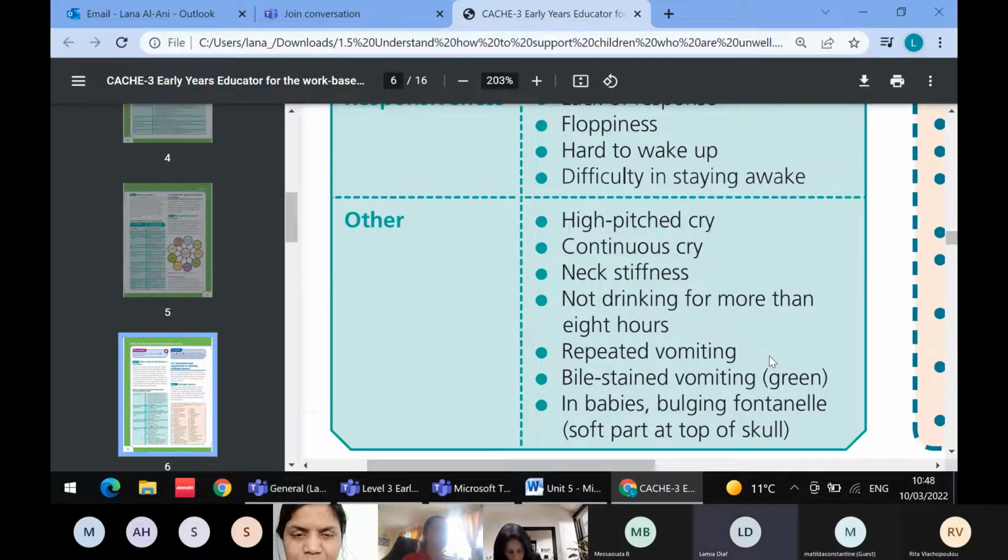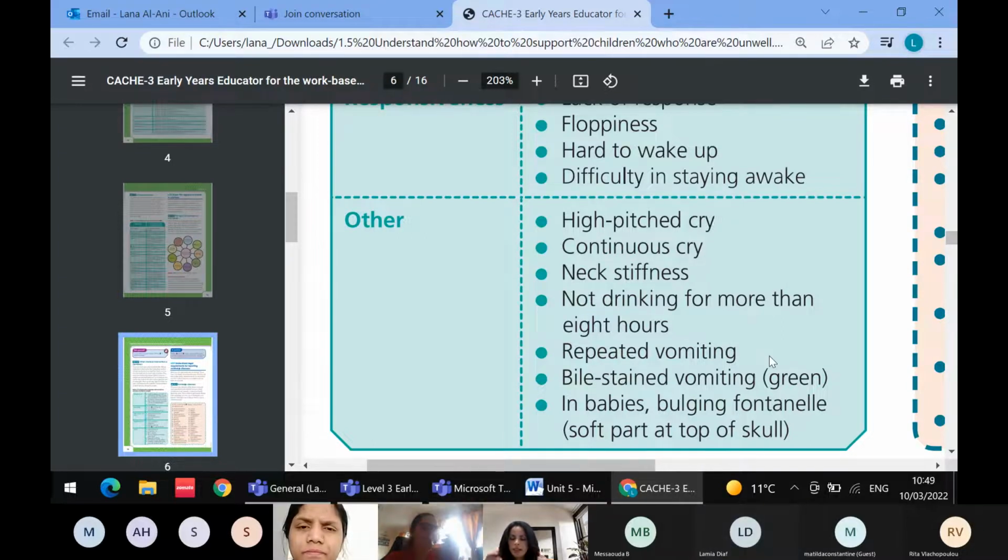Also, another symptom. Can you think about another symptom where you need to call the ambulance or ask for medical attention? When we see the heartbeat going very fast. Okay. Also, fast heartbeat. Convulsions.